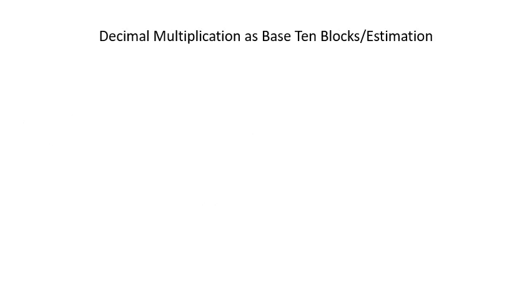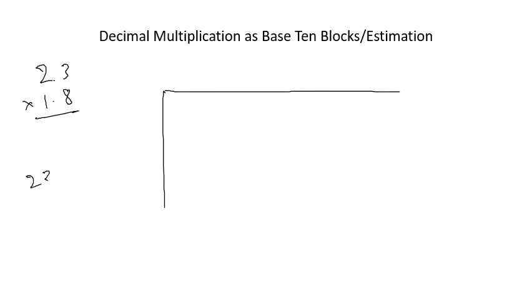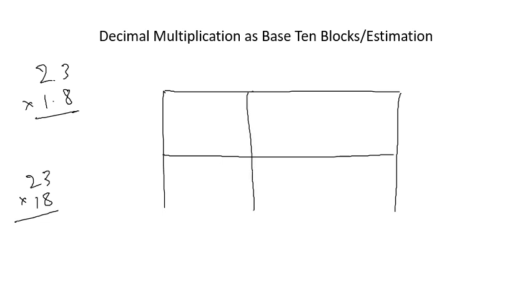We could also use base 10 blocks with estimation. This isn't really a whole lot different than what we just did in the previous two cases. So again, my 2.3 and my 1.8. I'm going to do this as 23 by 18 and set this up with my base 10 blocks. And again, I'm not going to draw all the pieces just in the interest of time and your patience.